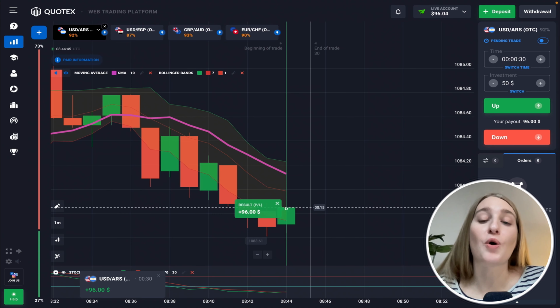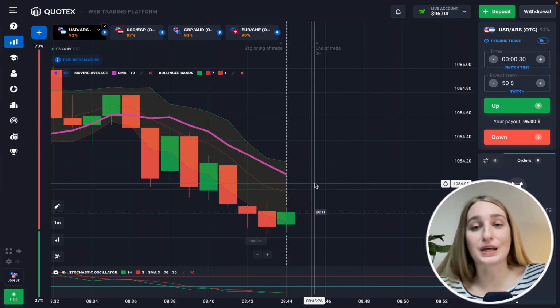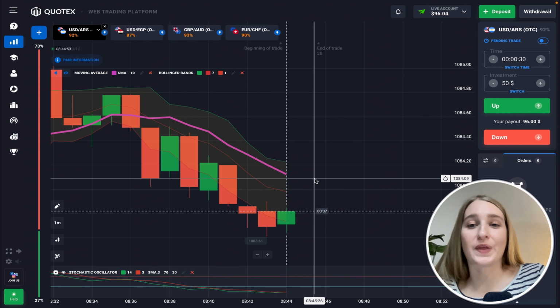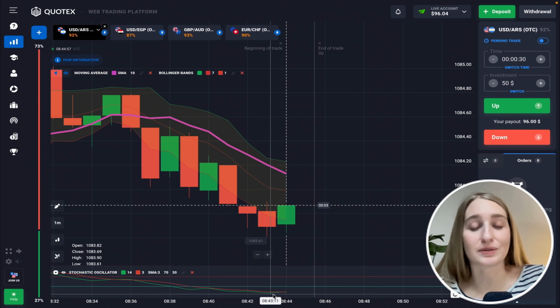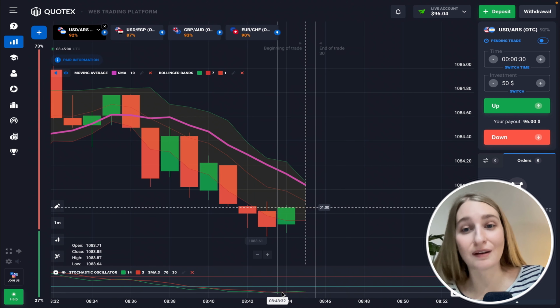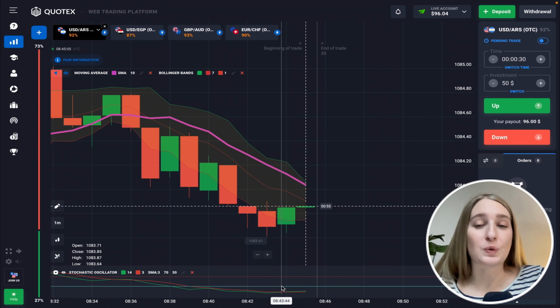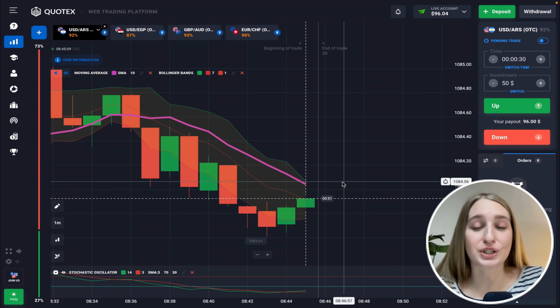Good example of how you can use this combination of indicators. So guys, you saw that the stochastic oscillator showed me that the two lines, the green and the red one, are in the overbought area and they are under the level of 30. So a really good signal where you can see that the trend is changing.